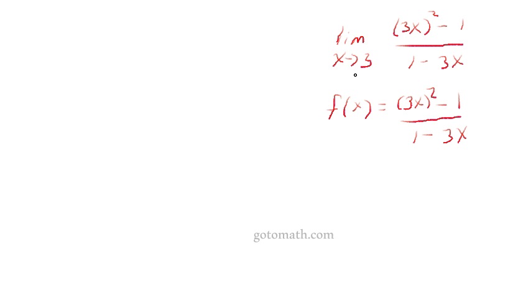So remember, when we're evaluating this stuff numerically, that means we're plugging numbers directly into the function. So we're going to want to plug in, let's say we were coming in from the left on the x-axis.